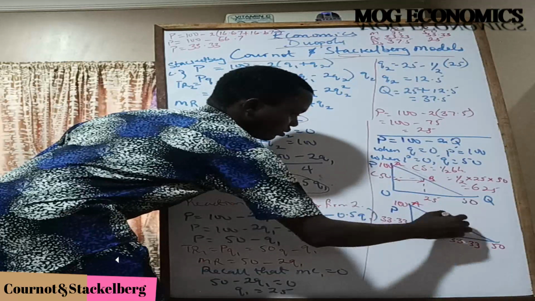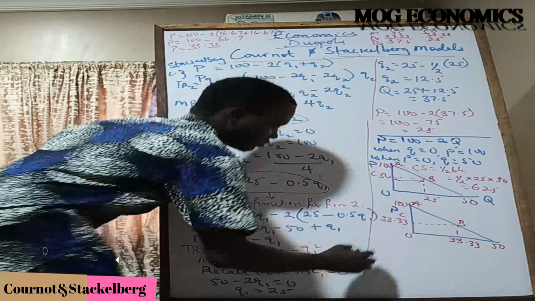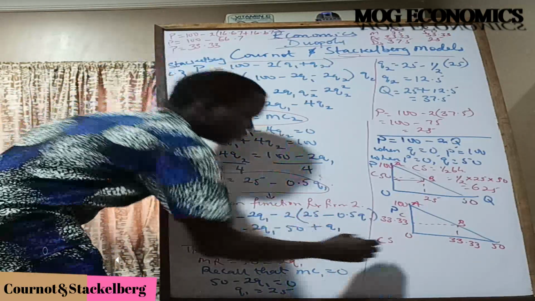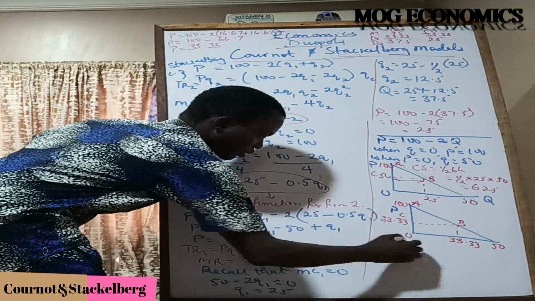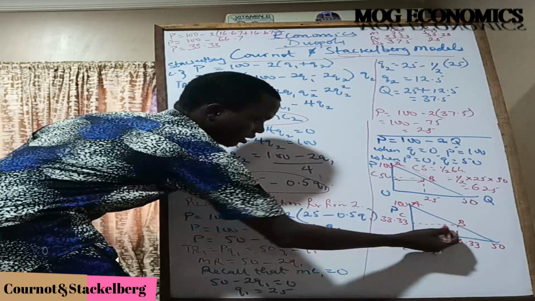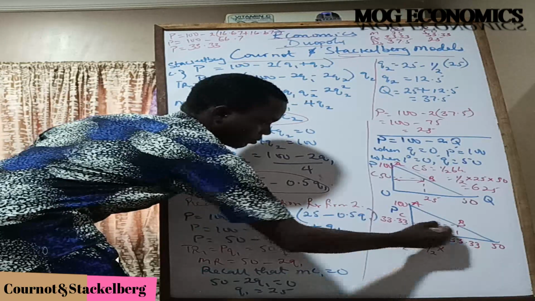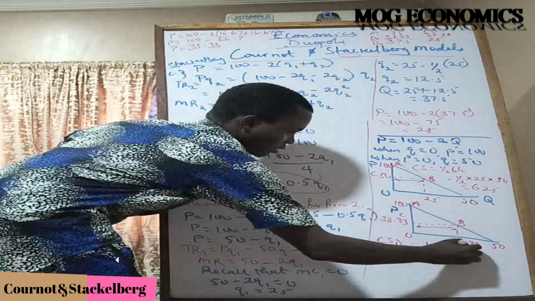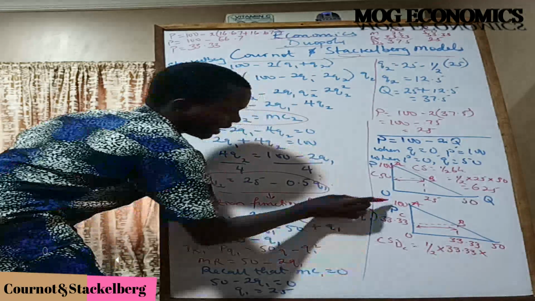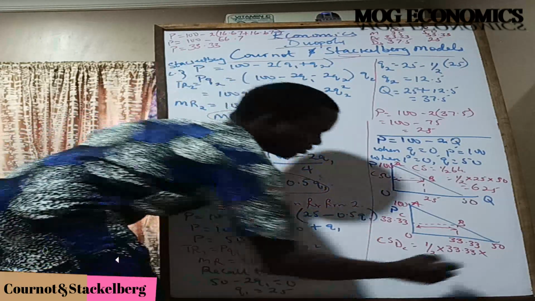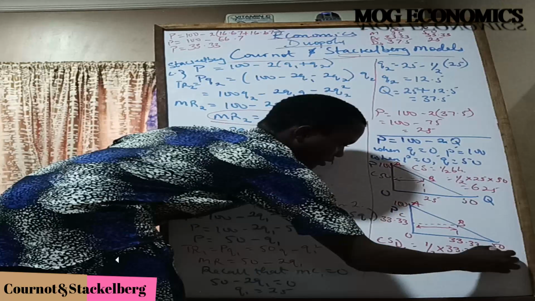So again, triangle ABC. The CS where you have a Cournot duopoly, let me call it CSDC, is half base times height. Half times, what is the base from here to here? 33.33 minus 0, then multiply by the height, which is 100 minus this, giving us 66.67.